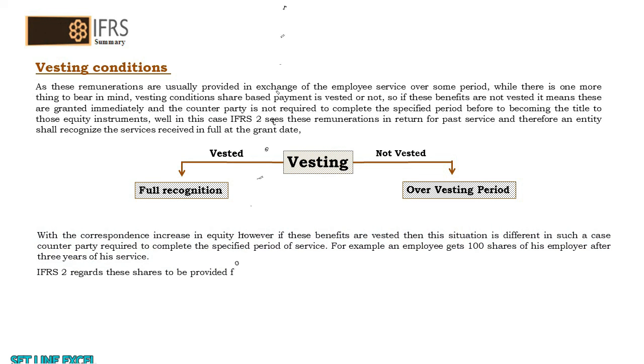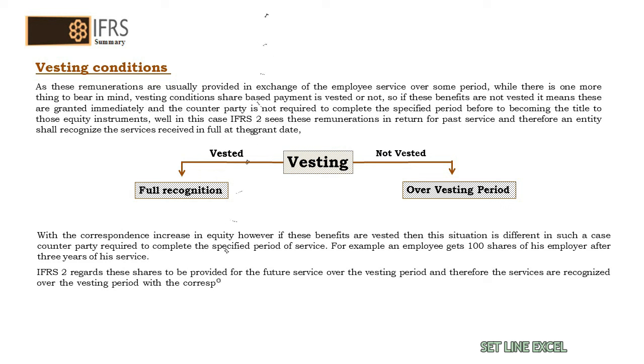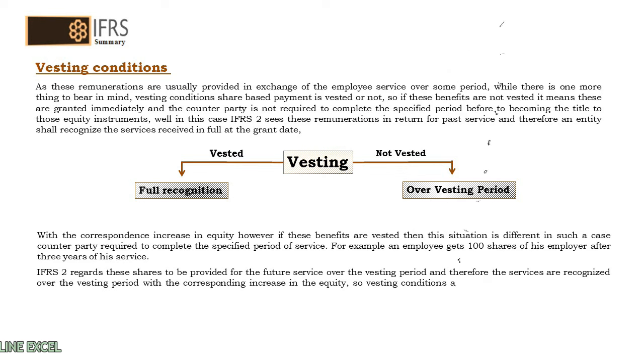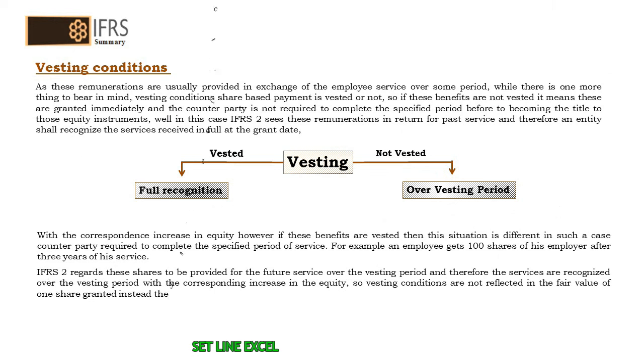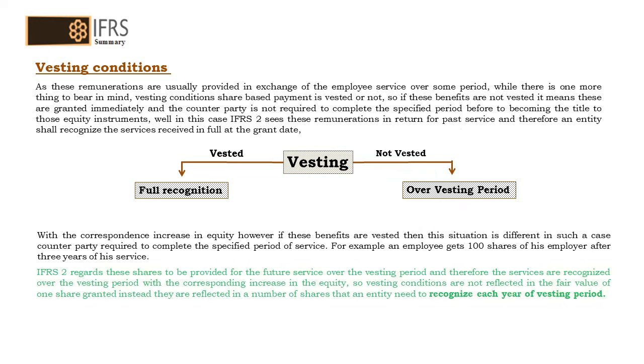IFRS 2 regards these shares as being provided for future service over the vesting period, and therefore the services are recognized over the vesting period, with the corresponding increase in equity. So vesting conditions are not reflected in the fair value of one share granted. Instead, they are reflected in the number of shares that an entity needs to recognize each year of the vesting period.